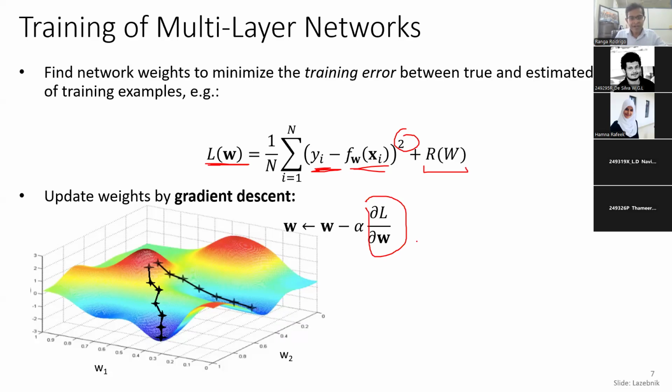You can see this one is moving in the negative direction of the gradient to compute the new W. This is called gradient descent. Here, this is a function of W1 and W2 only, but we know that many W's are there. Starting from there, one step at a time, you move in the negative direction of the gradient. You can see it is climbing down the slope. This is called gradient descent.